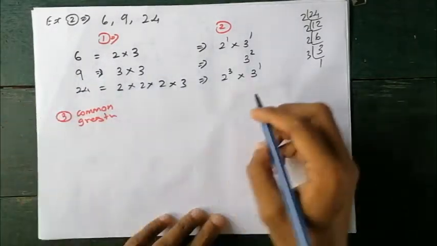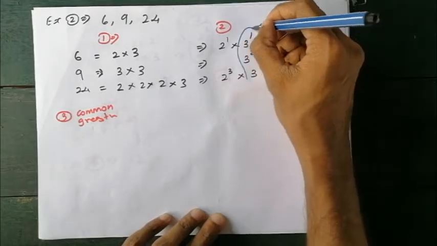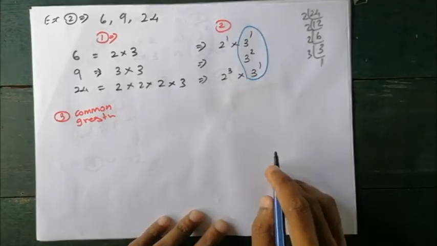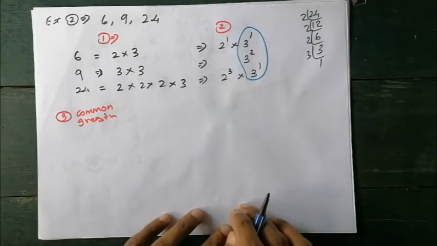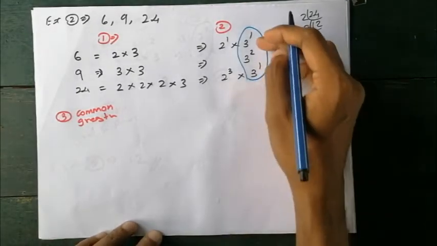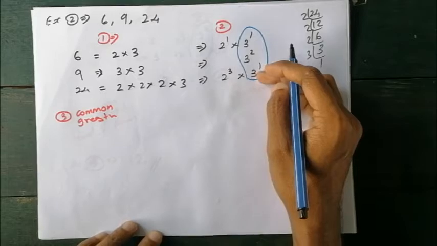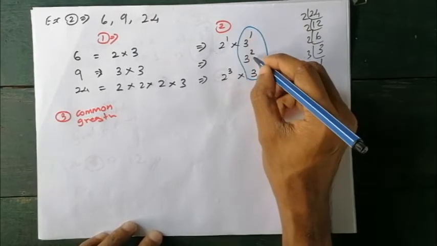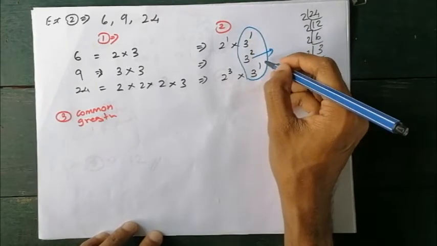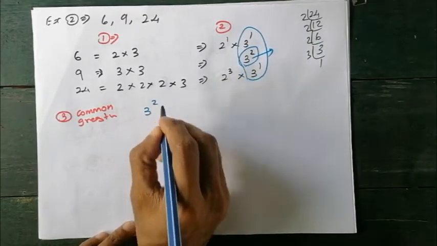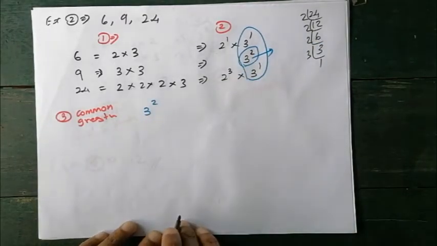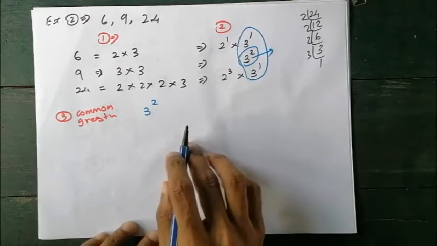From those 3 values, 3 is a common factor. So from the common factor 3, the greatest power is power 2. So we take the power 2, so 3 squared.